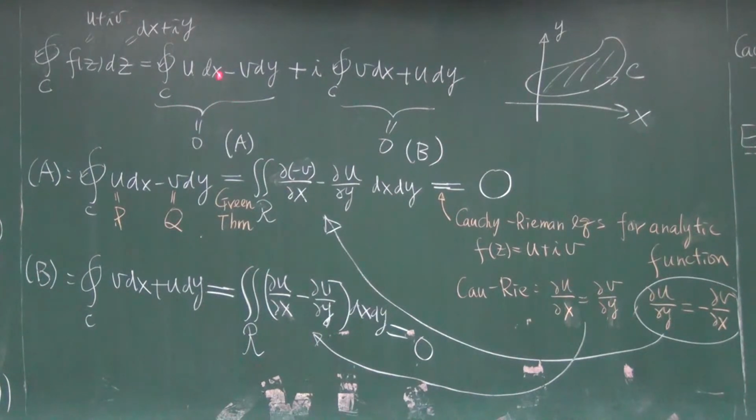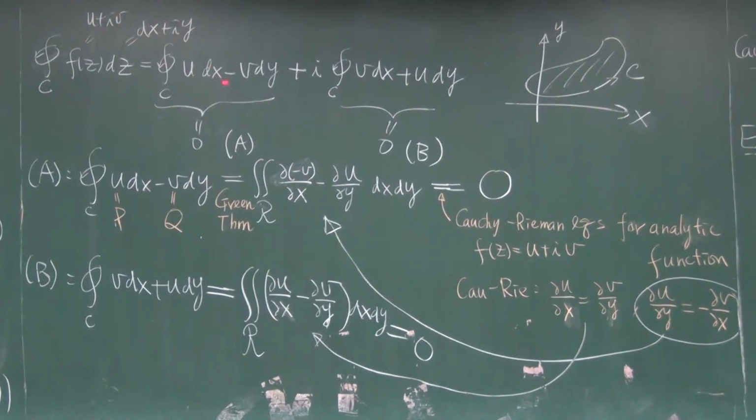In order to make it clear, I want to give names: this integral as A and this integral as B. Let us consider integral A first. A is just the integral of u dx minus v dy, right?